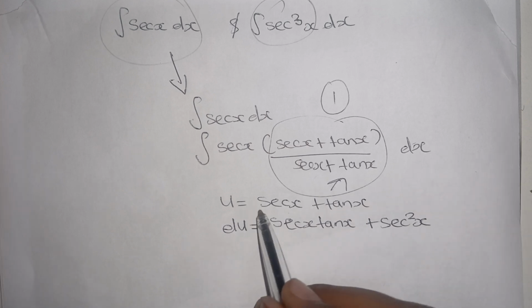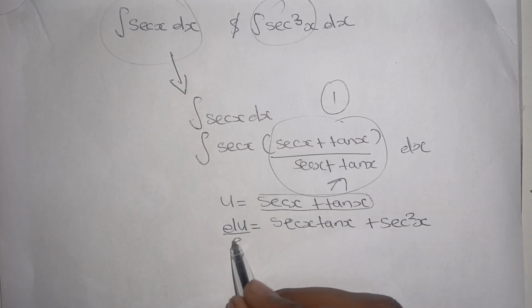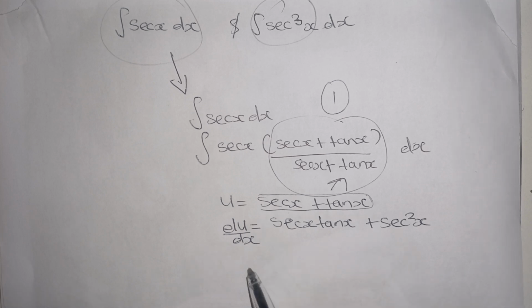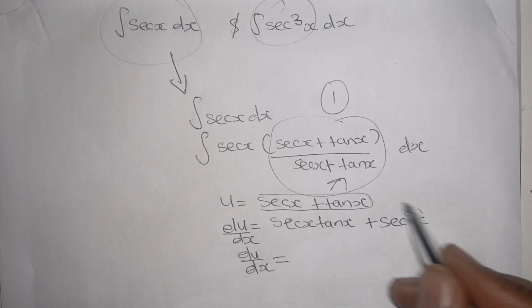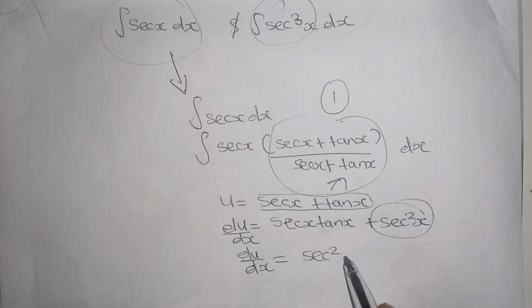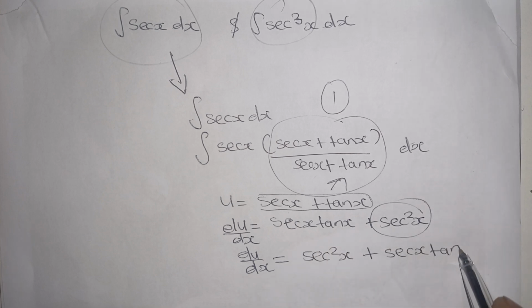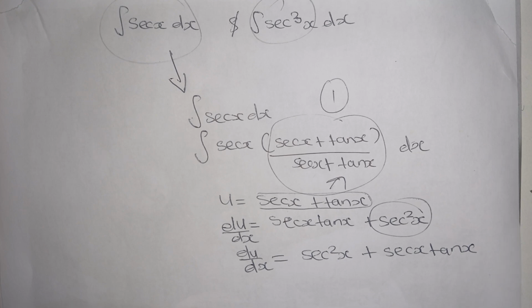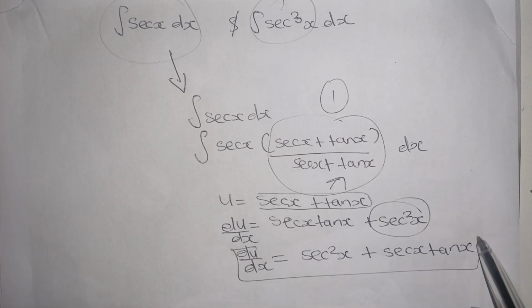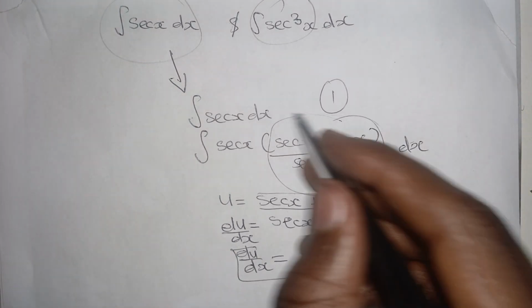So now that we were deriving this with respect to x, we just have to say du over dx. So basically, du over dx is equal to, we can start writing this, sec square x plus sec x tan x, right? So this is how it is. Now we need not to forget here, right?